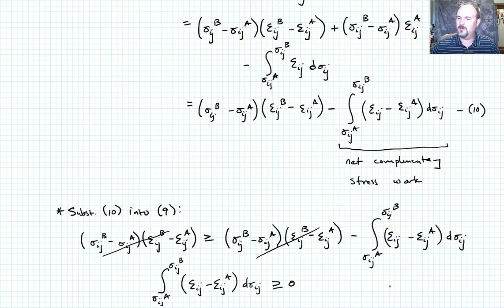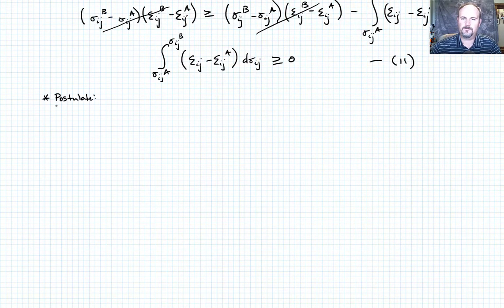Okay? So we can call that equation 11. And we've basically just shown that the complementary net stress work, or the net complementary stress work, is also greater than 0, or in our math terms, positive semi-definite.